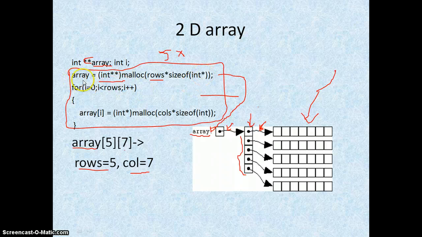So array is a pointer to pointer, with the typecast, malloc, and rows, which is 5, times the size of one pointer. The pointer size is machine dependent; it could be 2 bytes, 3 bytes, 4 bytes or 8 bytes.